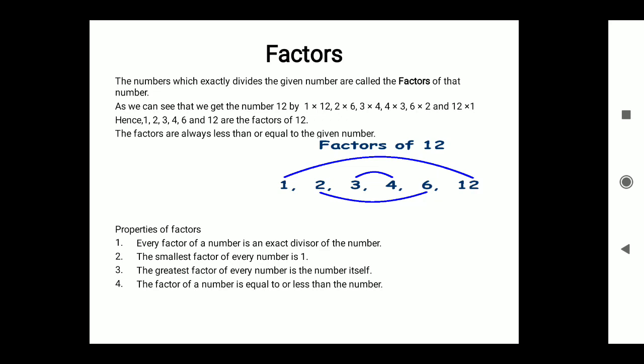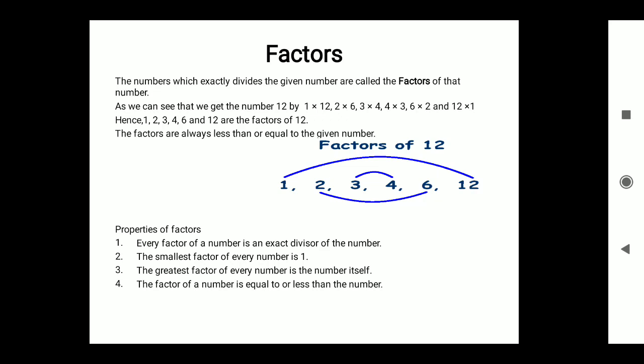Factor: the numbers which exactly divide the given number are called factors of the number. As we can see, we get the number 12 by 1 into 12, 2 into 6, 3 into 4, 3 into 4, 6 into 2, 12 into 1.